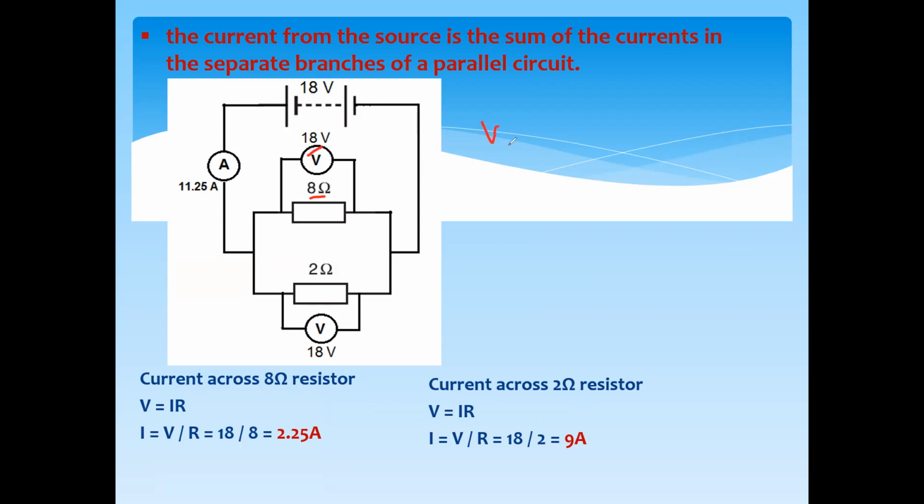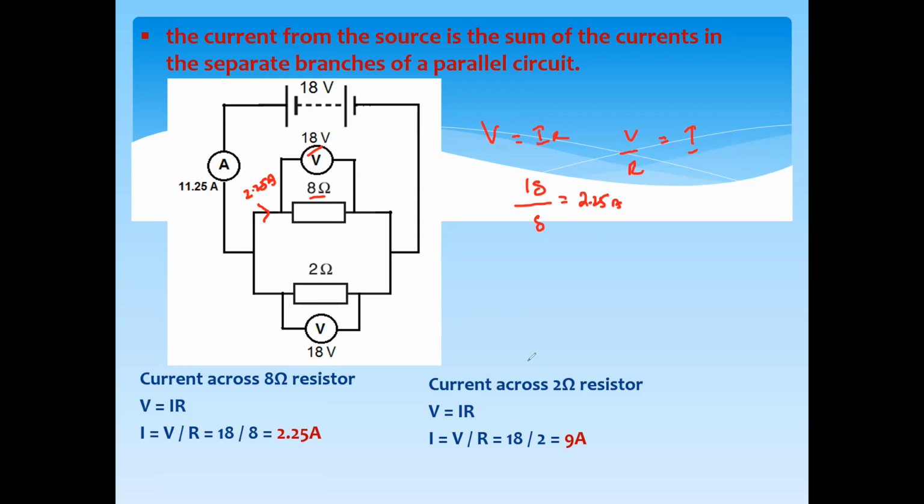So we have the formula V = IR, or V divided by R equals I. V is the voltage, which is 18, and R is the resistance, which is 8. So 18 divided by 8 is 2.25 ampere. This means 2.25 ampere will flow through the 8 ohm resistor.